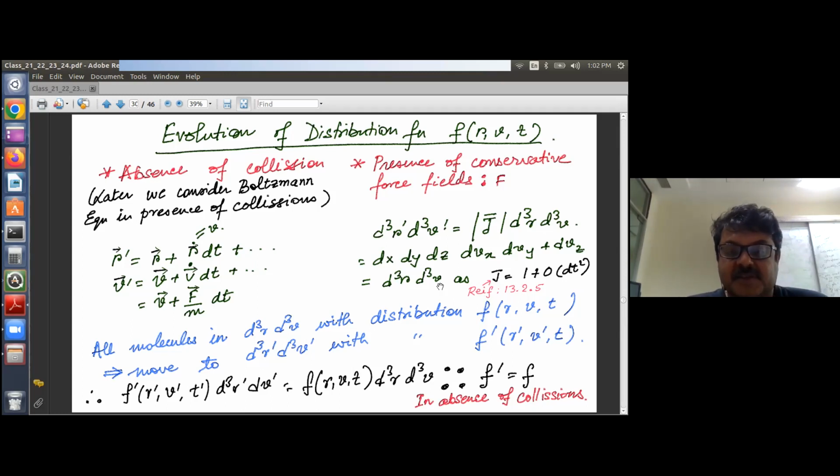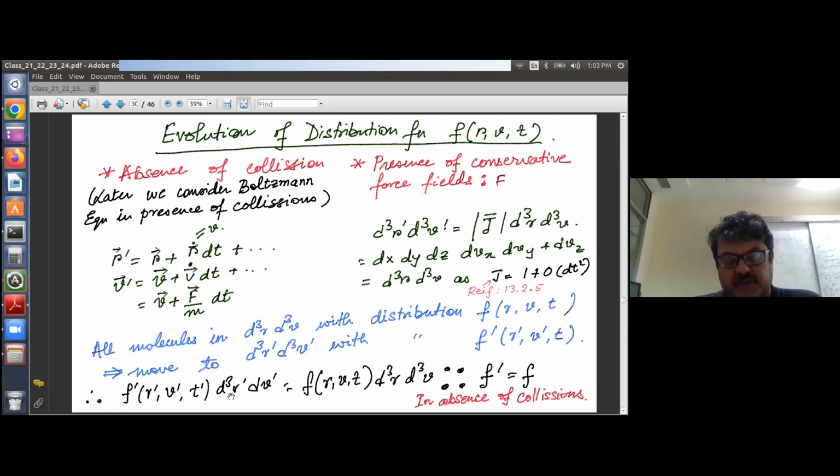And hence, in the absence of collisions, whatever particle is moving in whichever direction keeps on moving. There is no redistribution. The f dash, because there is no change due to collisions, keeps on. So what you get is f dash of r dash, v dash at time t dash.